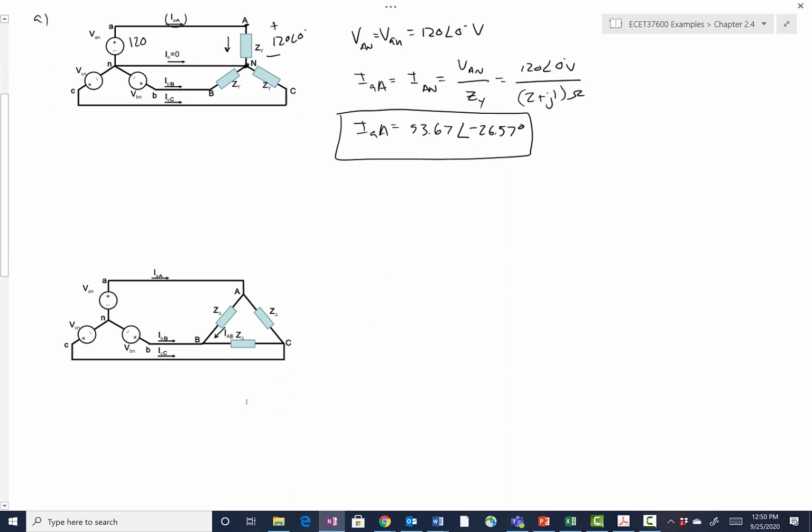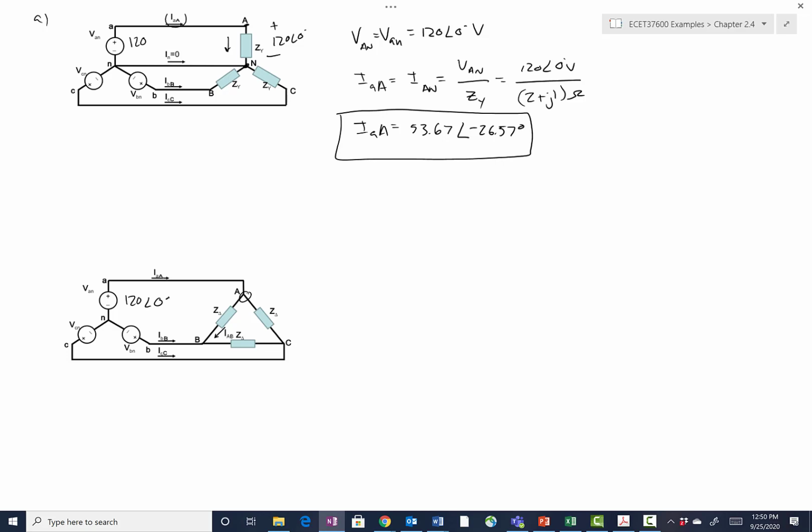So let's come down to this. We have, again, we want to determine what IAA is, and we know that this is 120 angle 0 degrees. But what we want to know is this current here, which is a little bit different than that current there.